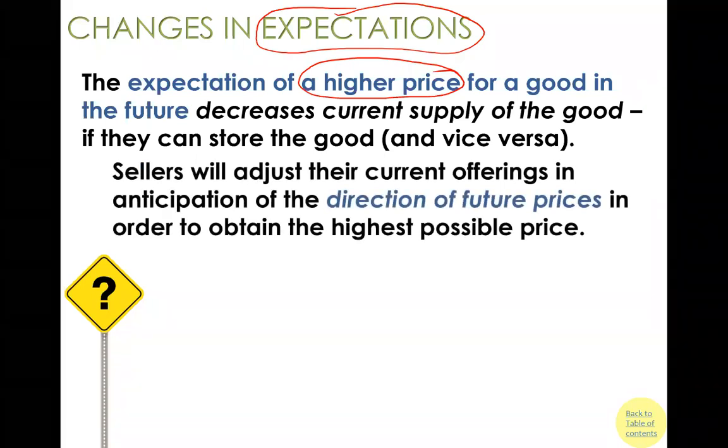In general, sellers will adjust their current offering in anticipation of the direction of future prices in order to obtain the highest possible price. In reality, we call this hoarding, right? So the sellers may hoard the stock to make higher profit. This probably happened earlier this year.